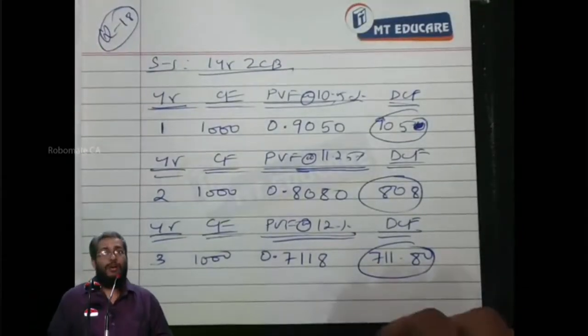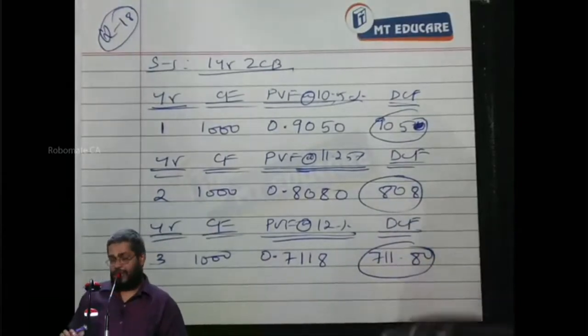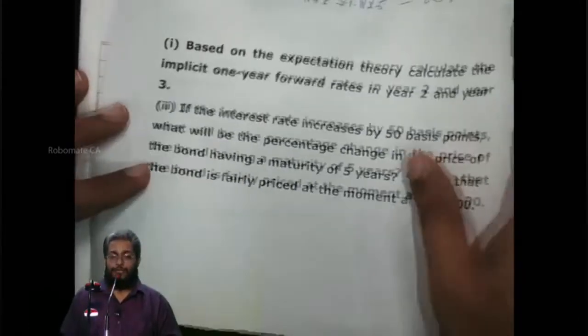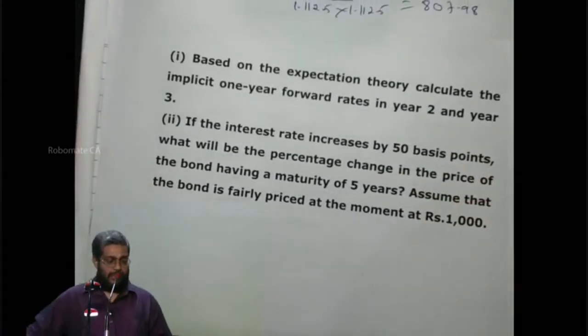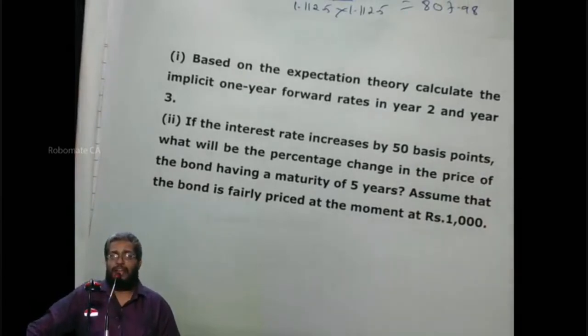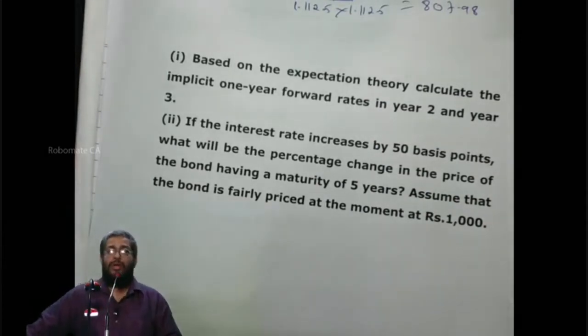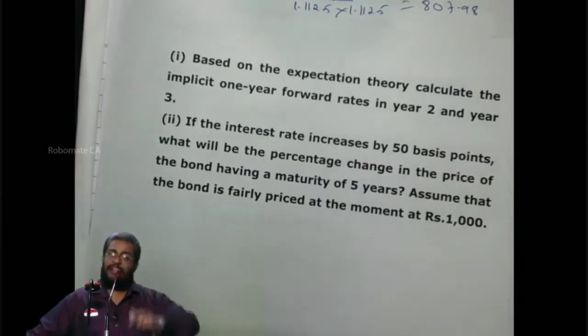Next. Part B or part 2 as the case may be. Volatility of a 5-year zero coupon bond. Underline that.